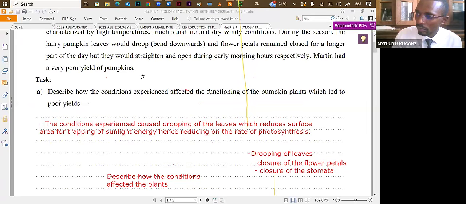Now, the flower petals enclose the stigma and the anthers. Now, when they're enclosed by the petals, it means that the bees won't be able to access them for pollination. So the pollination will be reduced because the bees are also one of the agents of pollination. So when the anthers and the stigmas are enclosed in the petals, you get.